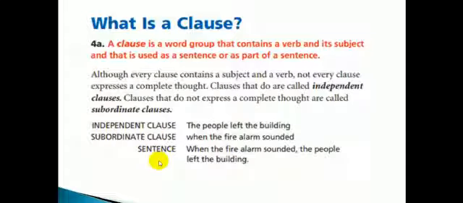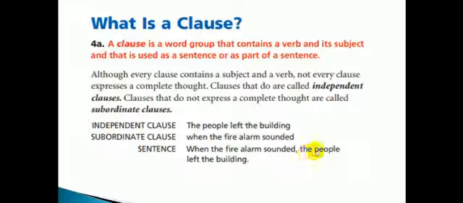Do not forget, we can replace them. I mean, I can start with this: the people left the building when the fire alarm sounded. But there will be a difference in punctuation. If I start with the subordinate clause, then I have to add a comma at the end of the subordinate clause.